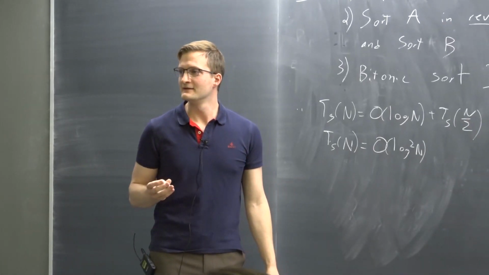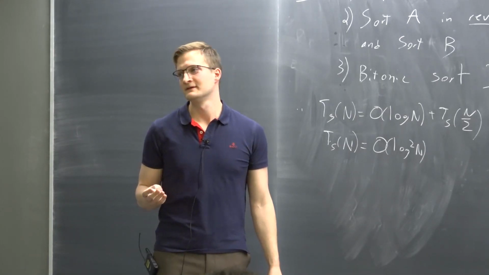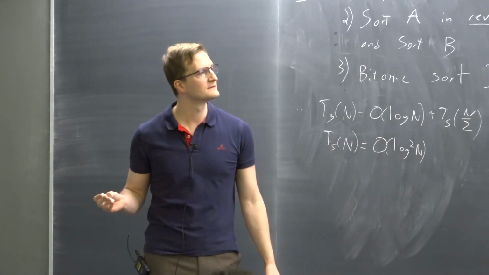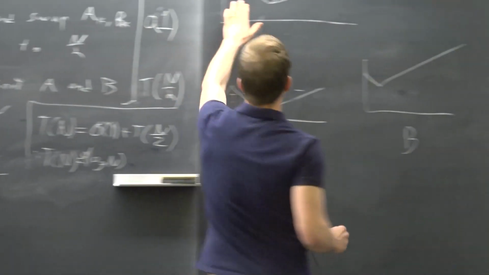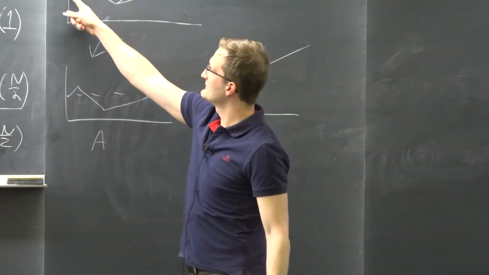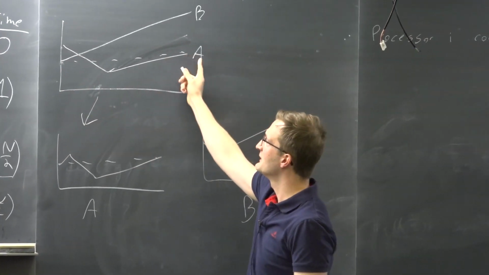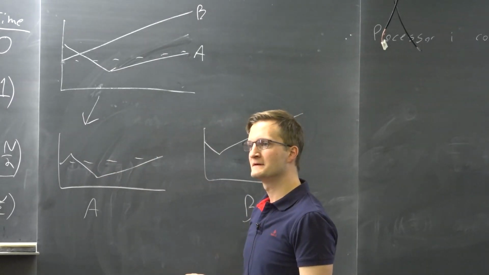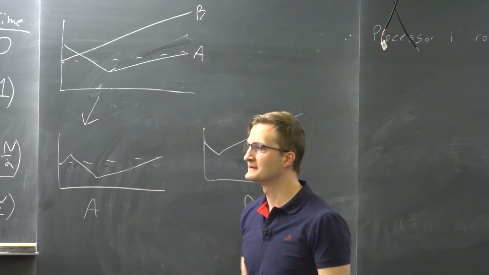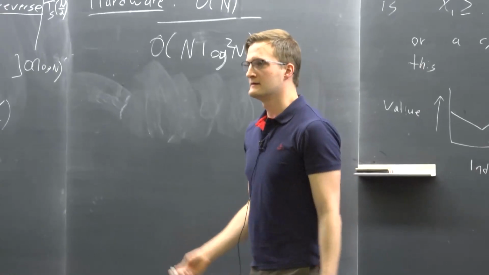What's the guarantee that the minimum in A is smaller than or equal to the minimum in B? In this one, the fact that the first element in B is greater than the last element in A, or that all of the elements after this step are less than all of the elements in B. And here you're claiming that you have a bitonic sequence.